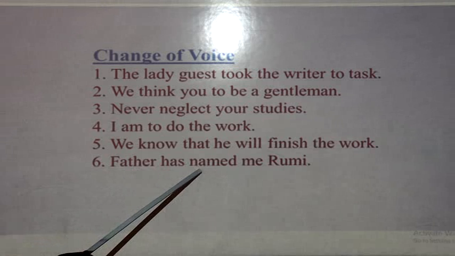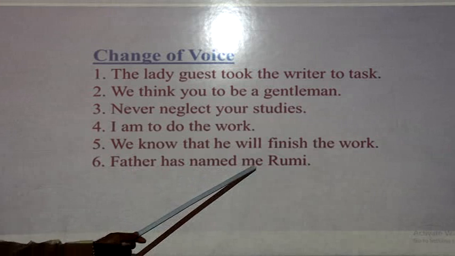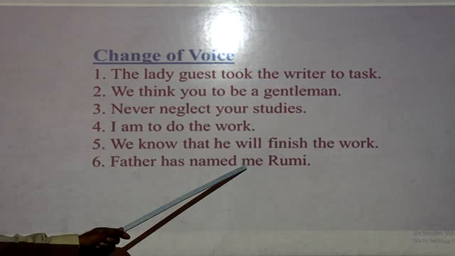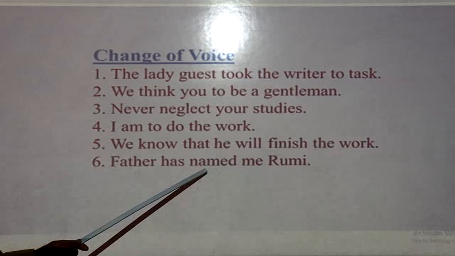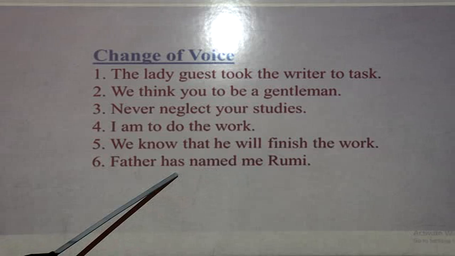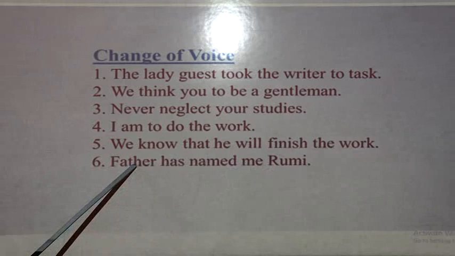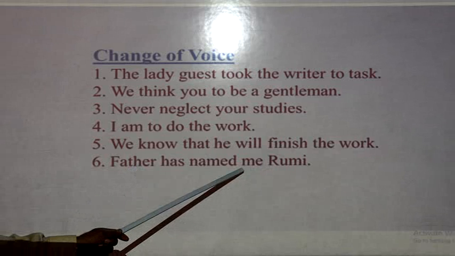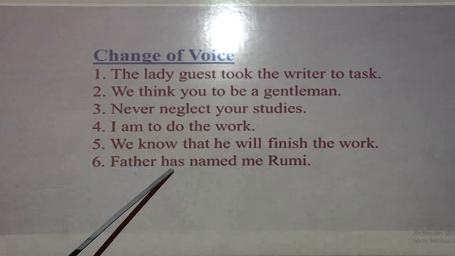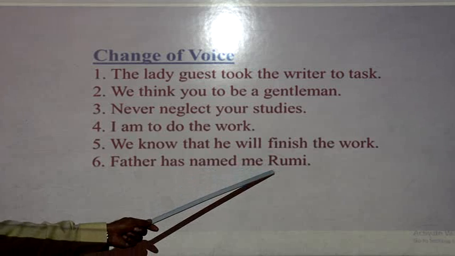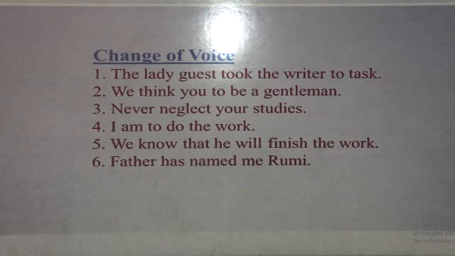Father is subject, has named is verb, me is object, Rumi is the complement. So we have to change the subject and object: I have been named Rumi by father.